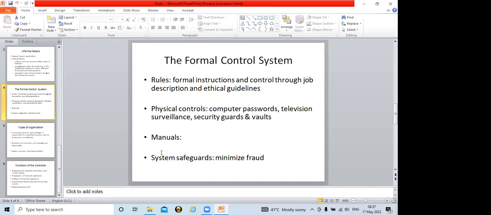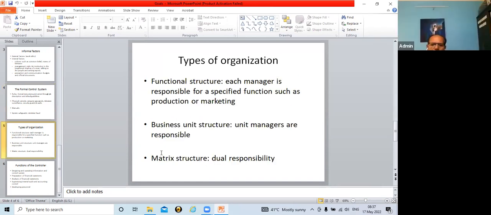Okay. Now, these are the types of organization under goal concurrence. Now the functional structure. What is functional structure? Each manager is responsible for a specified function such as production or marketing.